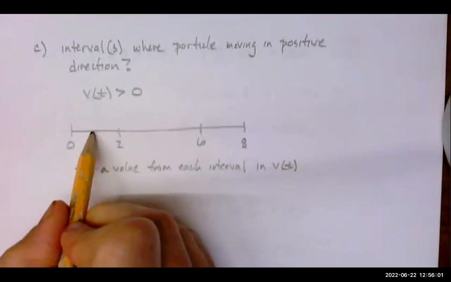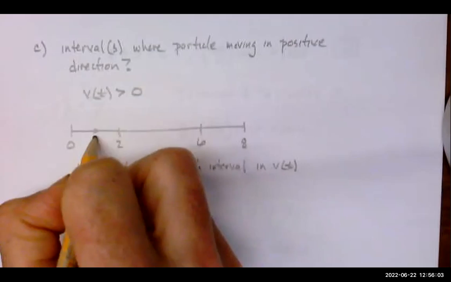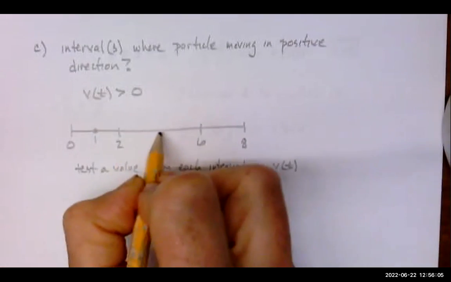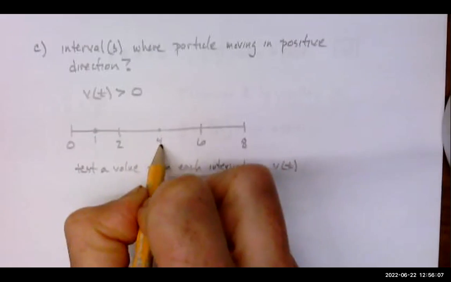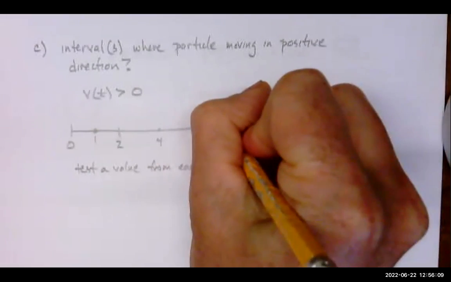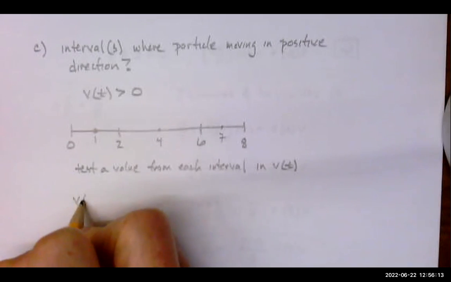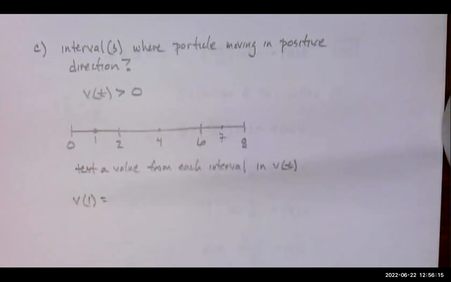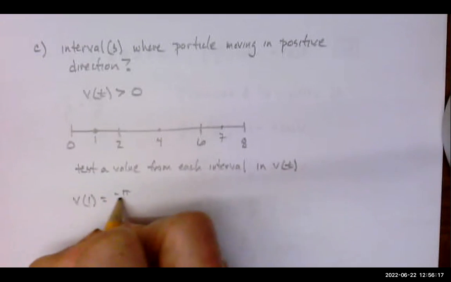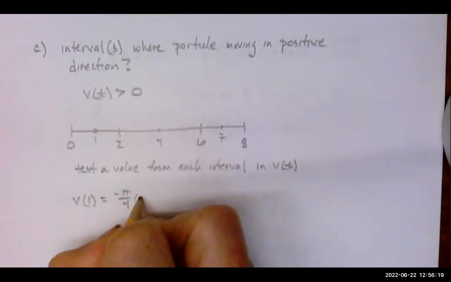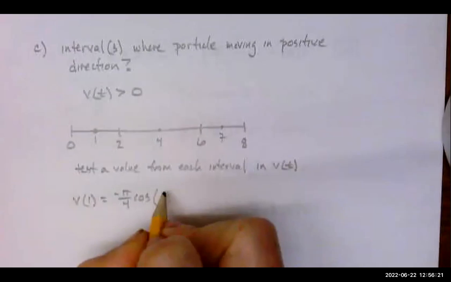I think a good test value here would probably be 1. Maybe here we could pick 4, and maybe 7. So let's find the velocity at 1 second. That'd be negative pi over 4 cosine of pi times 1 over 4.